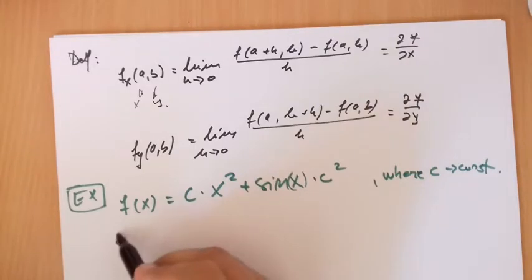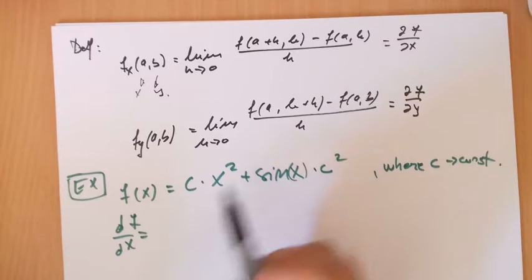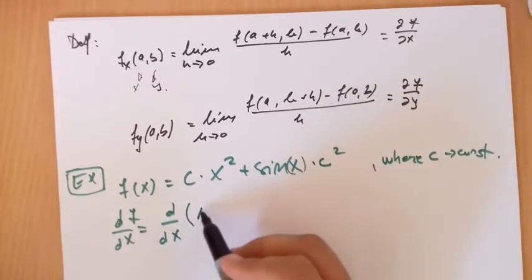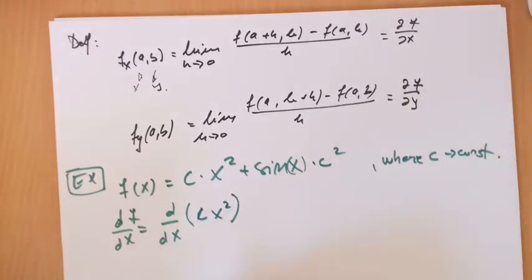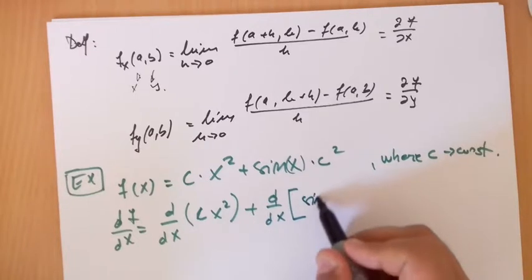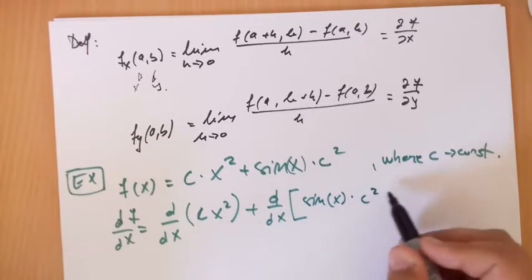When we do df by dx, we have d by dx of cx squared plus d by dx of sine x times c squared.